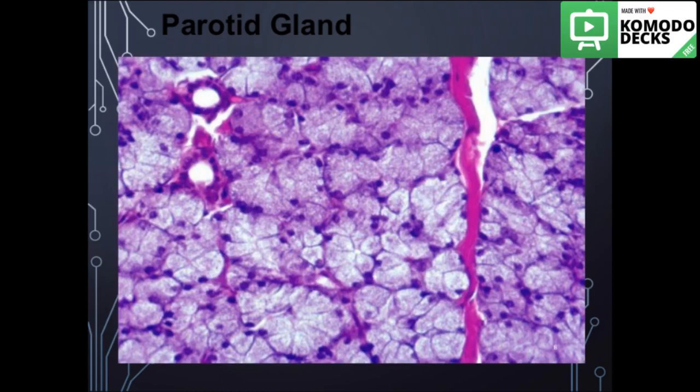You can see the violet granules. The striated ducts have a columnar epithelium. We can also see the small intercalated ducts in between the acini.